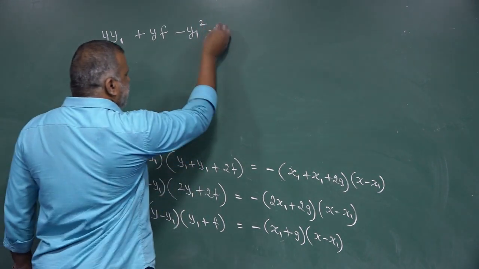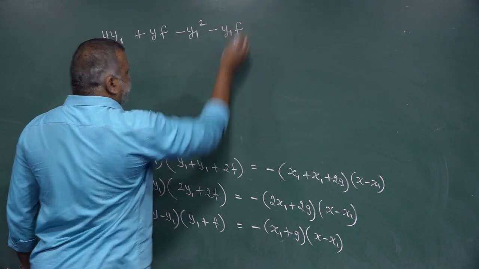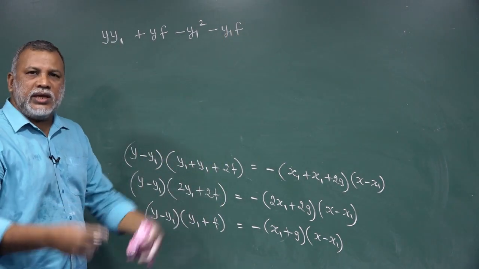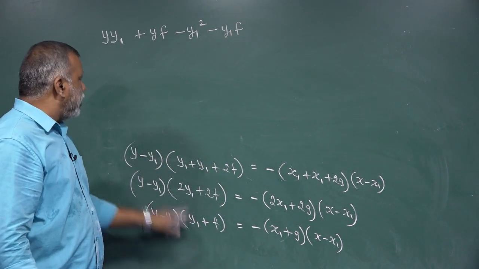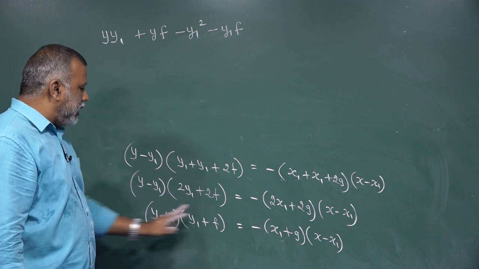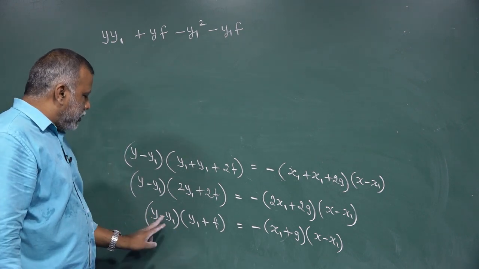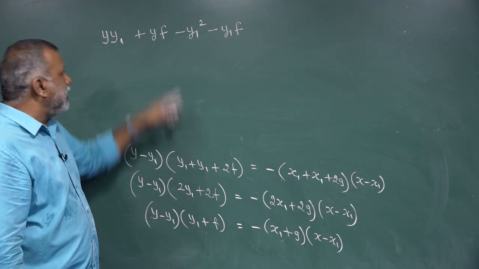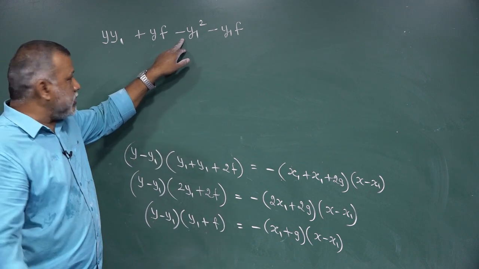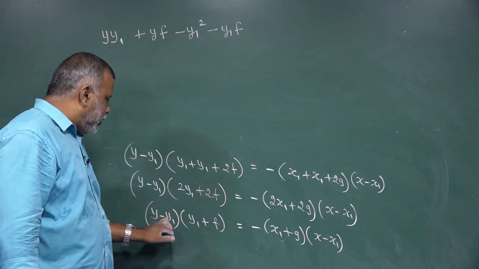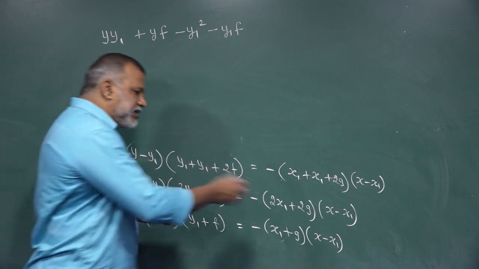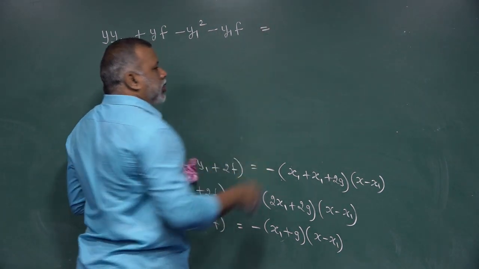Again minus y1 f. Just work out the product. Second one, y1 again multiplied with y1, I can write y1 squared, then minus y1 f. In the same way, work out the product in your RHS.